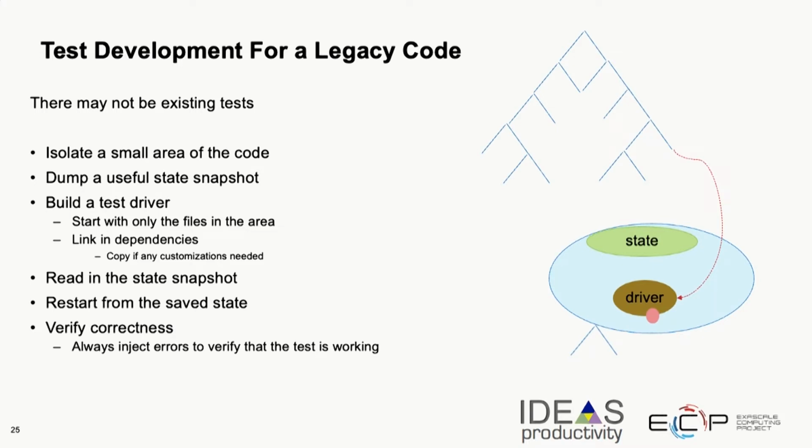Another aspect of this process is that you should have dumped not just the input state but also this output state before you started to mess around with the code, because that becomes your baseline for comparing against any new run of this particular component as you are debugging it. So, this can become a test for a legacy code where you are doing black box testing.